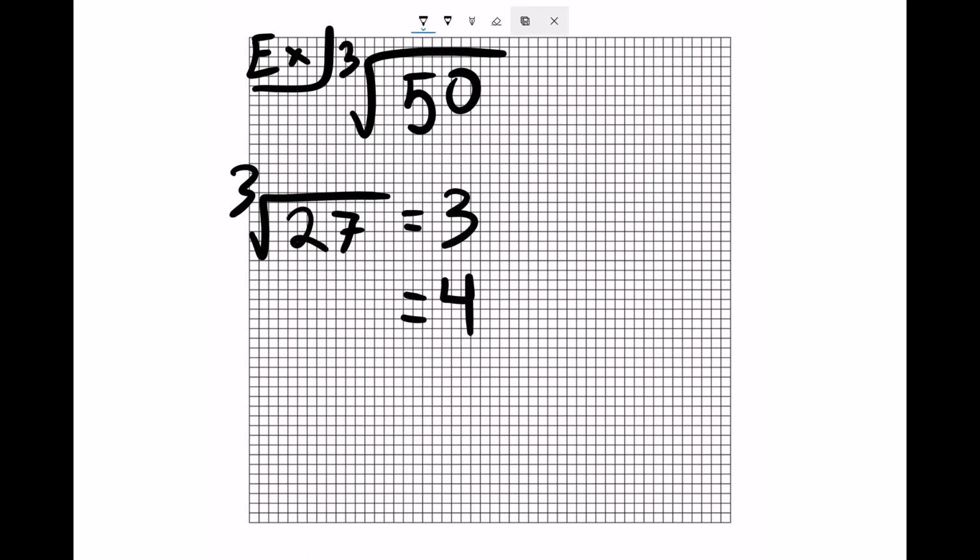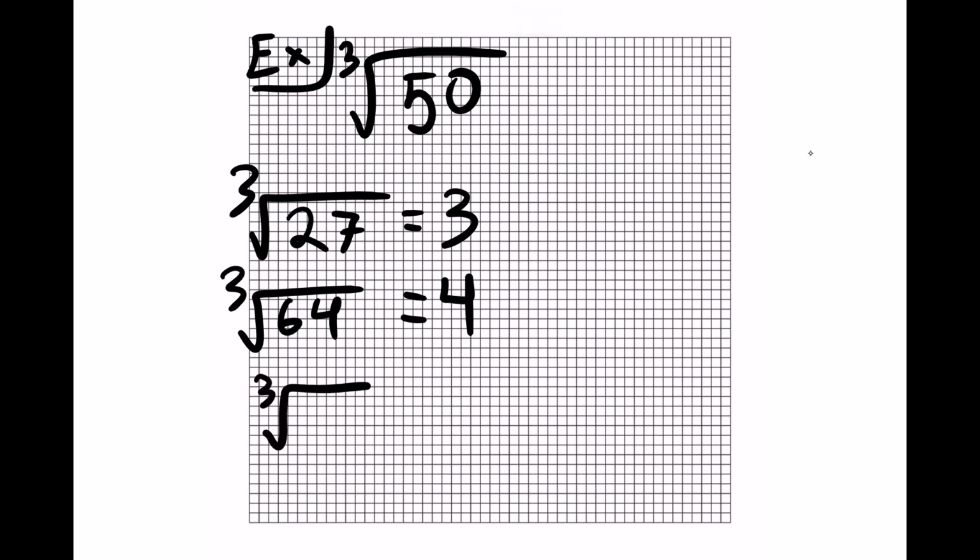That will be less than 50, so let's try one number higher. If you multiply 4 times itself 3 times, 4 times 4 is 16, times 4 once more, that would give you 64. Again, line them up just as you did in the previous examples.